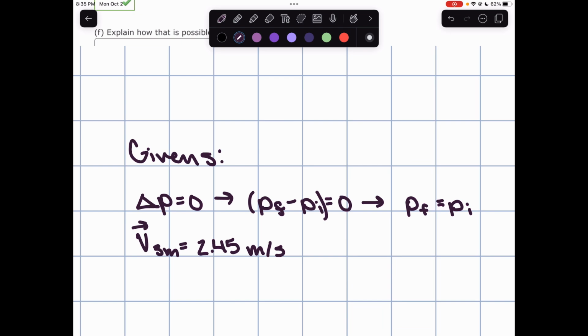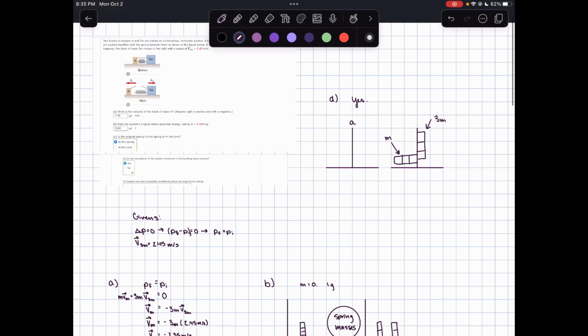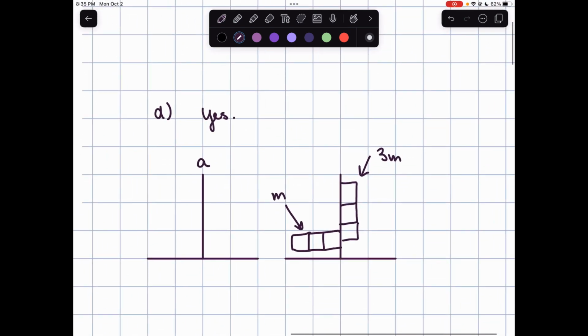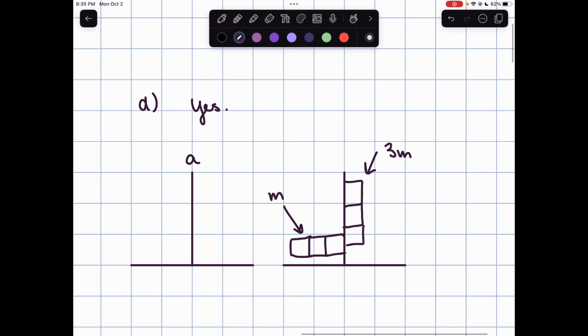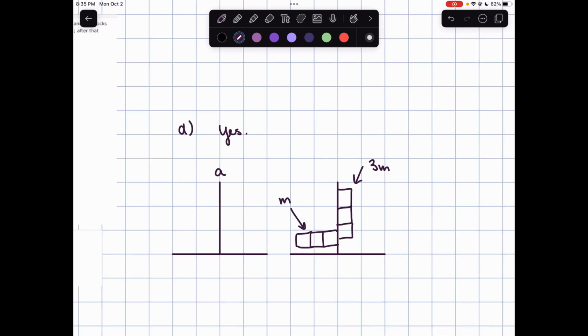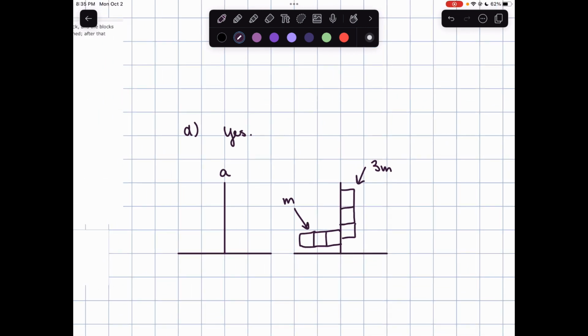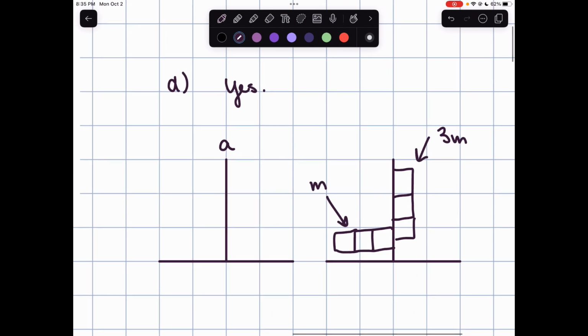Well, let's take a look at D to start. I know it's a little bit out of order, but this will help us conceptualize what we're going to do mathematically. So, at position A, neither one of the objects is moving, so they have 0 momentum as a whole.